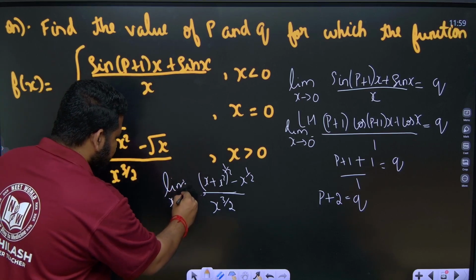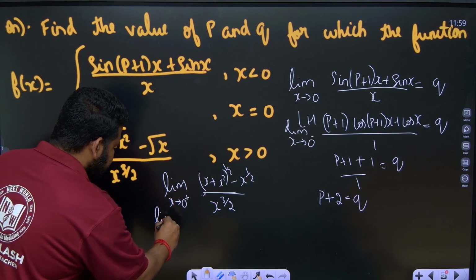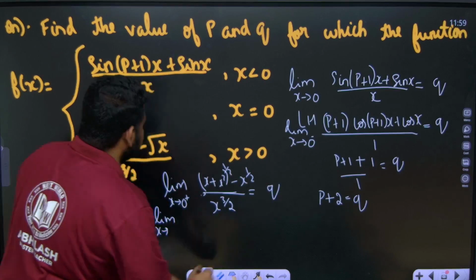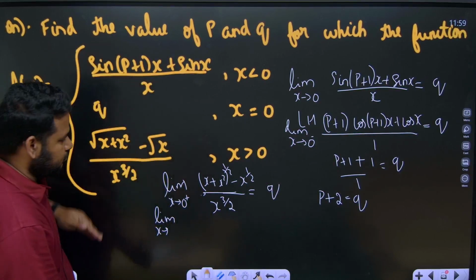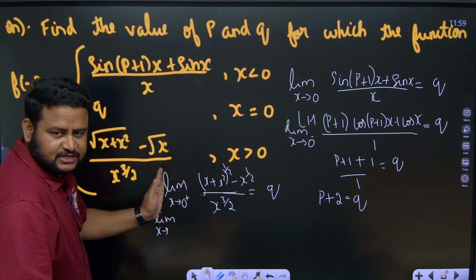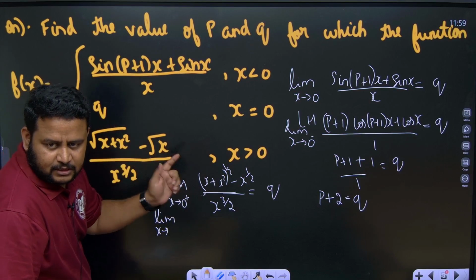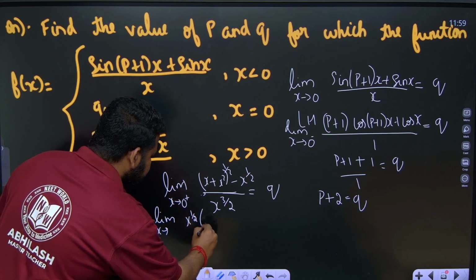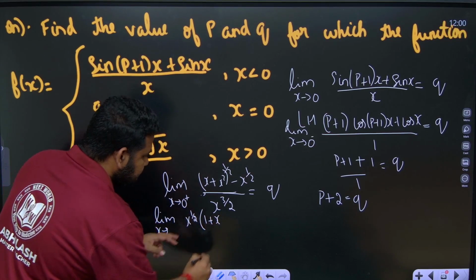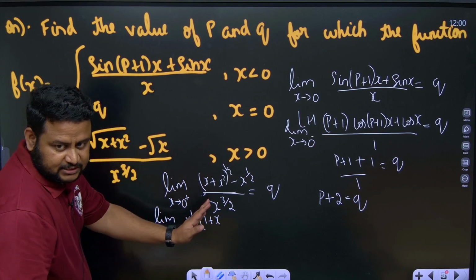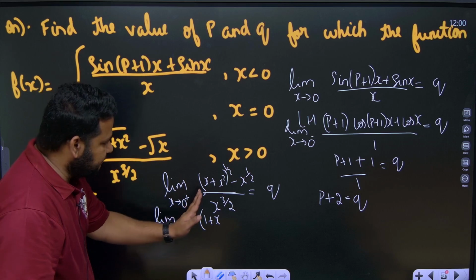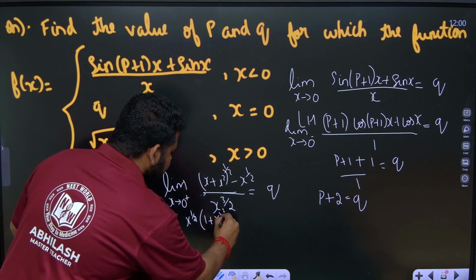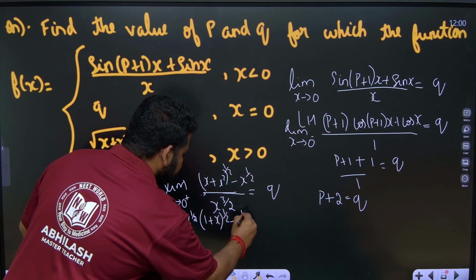Now in the next step, limit as x tends to 0 of this is equal to q. So here I can take x common. If I take x common, I will get x to the power of 1 by 2 into (1 plus x) to the power of 1 by 2 minus x to the power of 1 by 2.